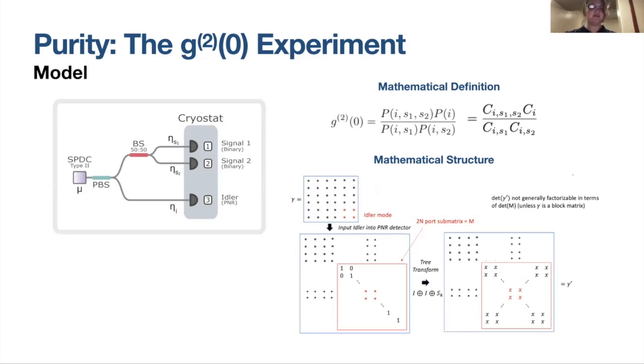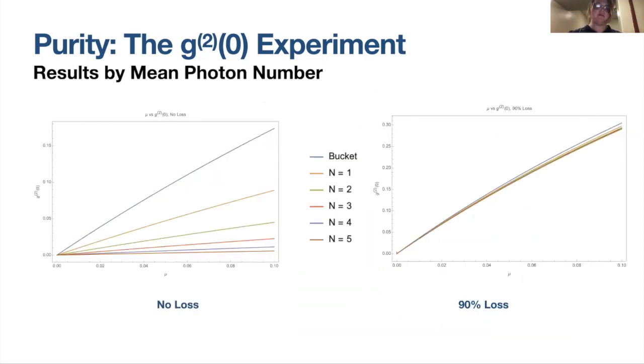And we examined this parameter for two different cases. One is using just a bucket type detector, and one is using what's known as the photon number resolving detectors. And we tried to see if this parameter would improve based on these photon number resolving detectors. And what we found is that when there's not very many losses in the channels, it does improve.